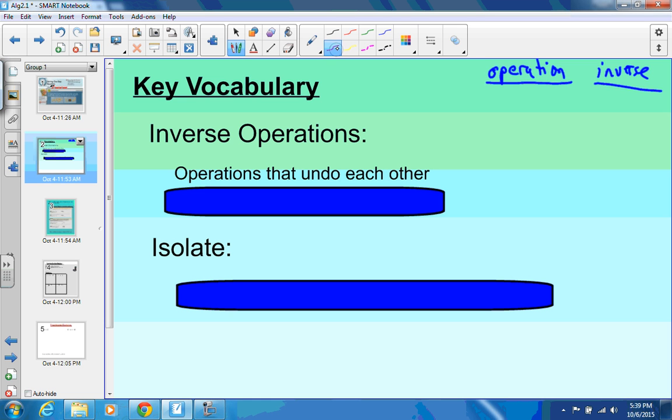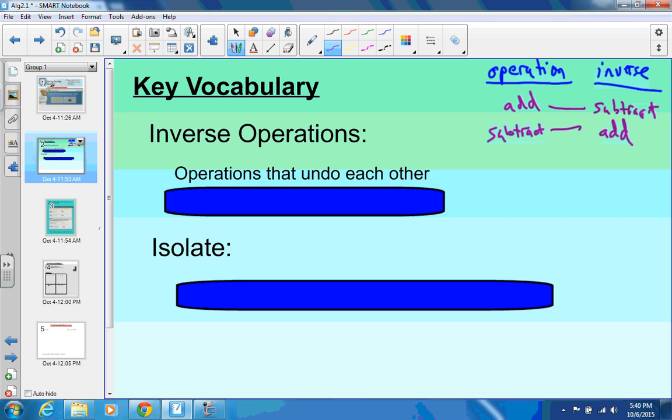So if I'm going to say my operation is adding, what would you do to undo addition? Well, you subtract. Those are opposites. All right, what if your operation is subtract? Well, what would you do to undo subtracting? Well, you could add. Adding and subtracting undo each other, just like a positive and a negative of the same number would undo each other.